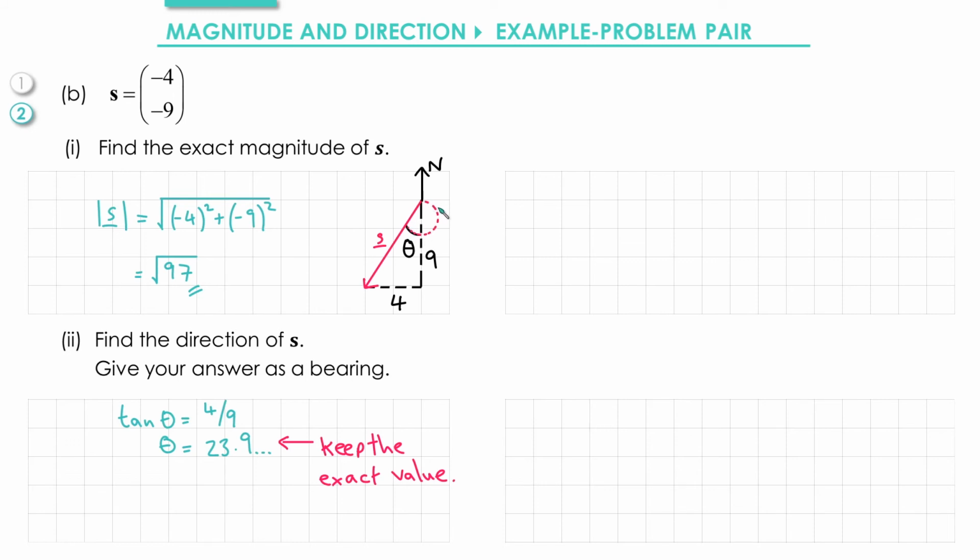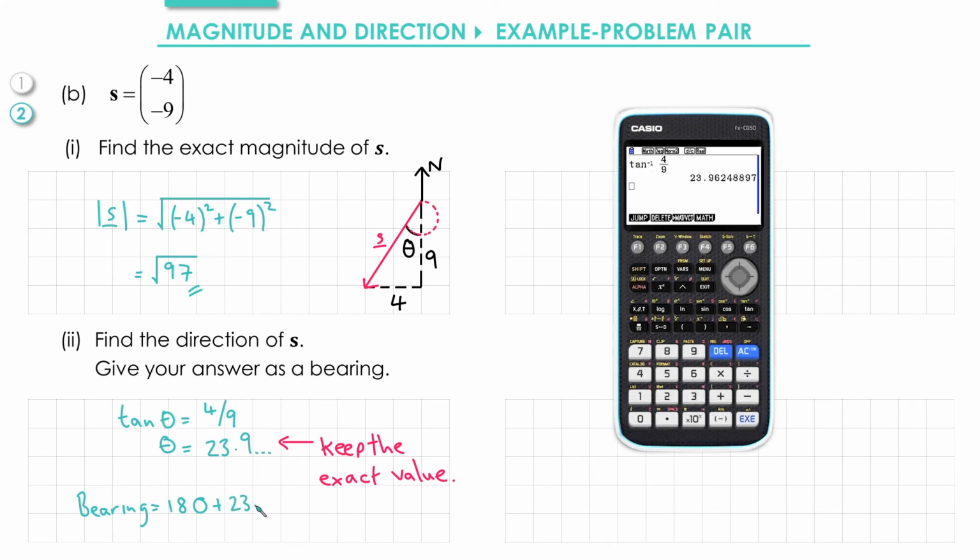To get there from north, we need to make a half turn. So the bearing is 180 plus our answer to the previous part. And if we put that into our calculator, we get 204 degrees if we round to 3 significant figures.